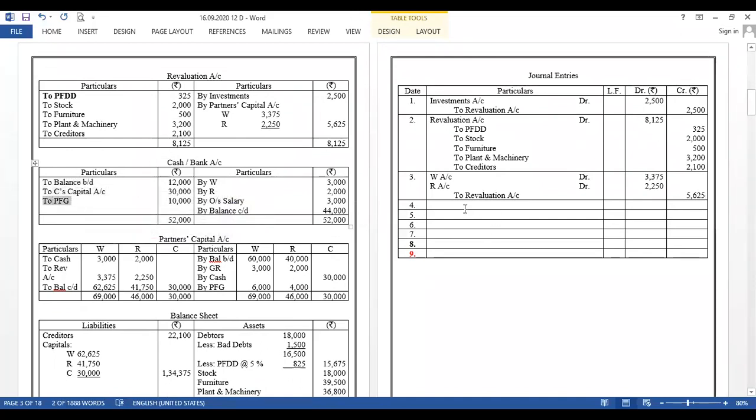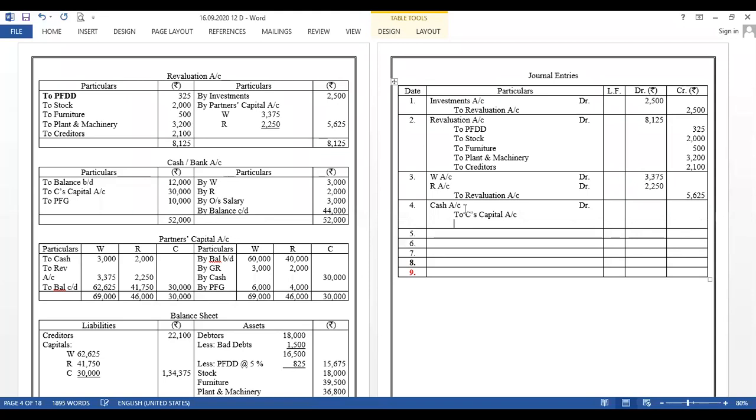Okay, so let us write that. Cash account will be debited to C's capital, to PFG account, right? Cash account debit is 30 plus 10, 40,000. Capital is 30,000 and PFG is 10,000. Now we also know that this PFG balance goes to all partners, the sacrificing partners, in their sacrificing ratio.